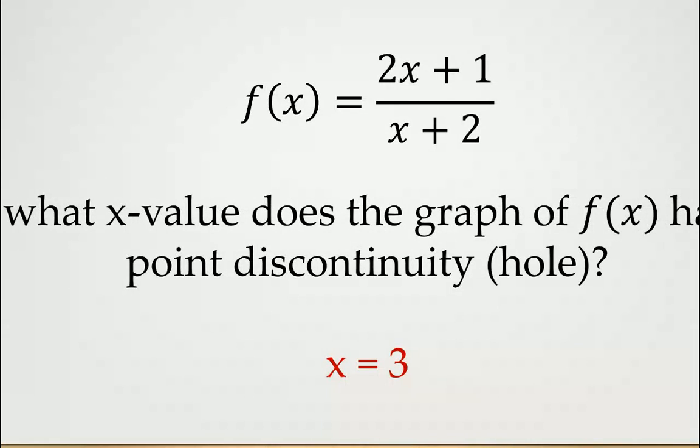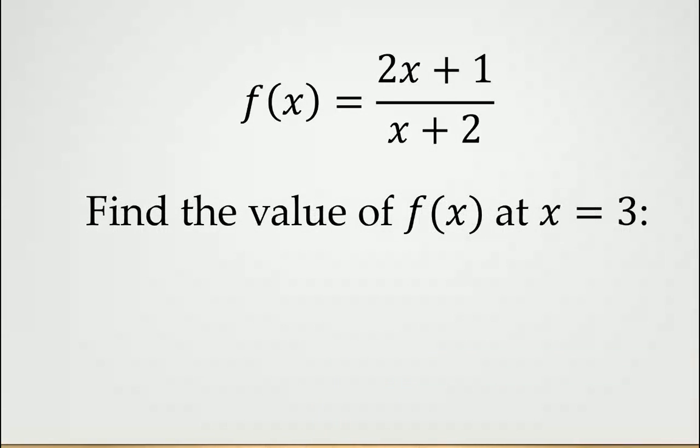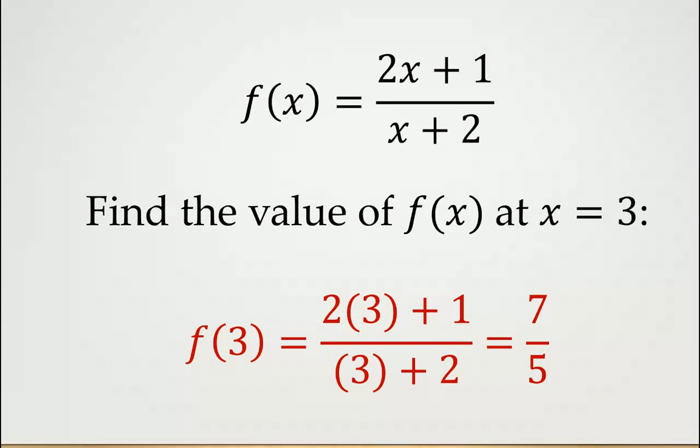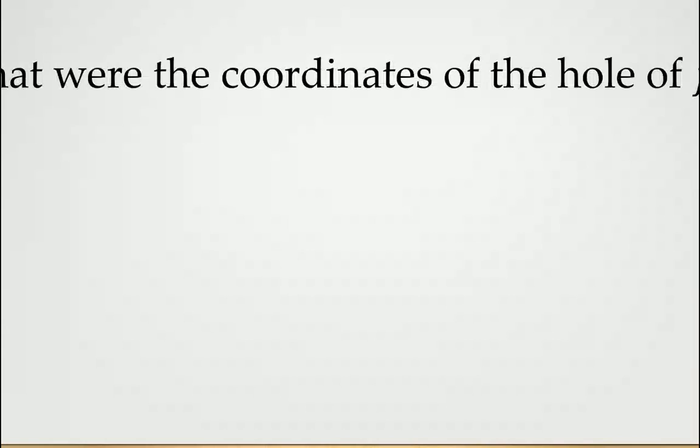You might remember that we found the hole to be at x equals 3. So now we want to find the value of f of x at x equals 3. This simply means we substitute 3 into the function, and we get the corresponding y value of 7/5. What were the coordinates of the hole of f of x from the very first page of our notes? (3, 7/5).